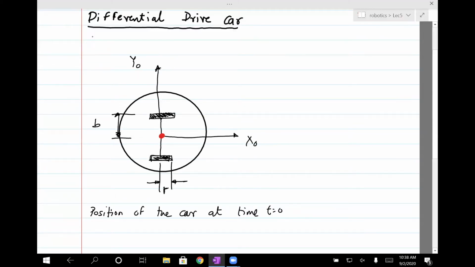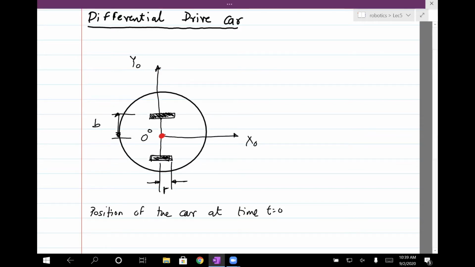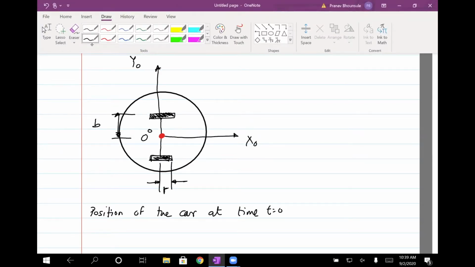In fact, you can keep track of any point on the car, and if you keep track of any point on the car, you can then find the position of some other point, because they are all at a fixed distance on the base frame, so it's very easy to find that. The reason why I chose this red dot is because it's very easy to keep track of that point as compared to some other points, but you can totally keep track of other points.